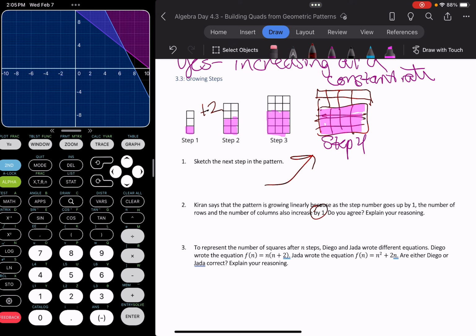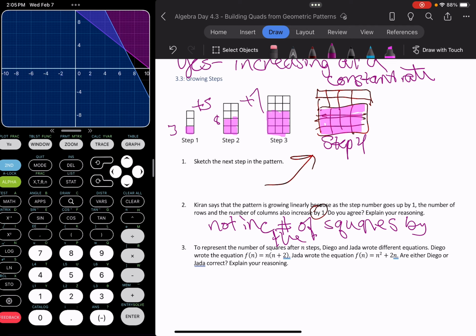Total, we start at 3, then we have 8, so we're going up plus 5. Then here we have 9, 10, 11, 12, 13, 14, 15, so going from 8 to 15 is plus 7. So we're not increasing the number of squares by the same amount.